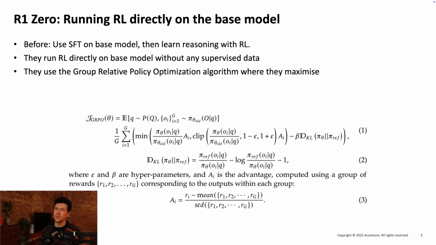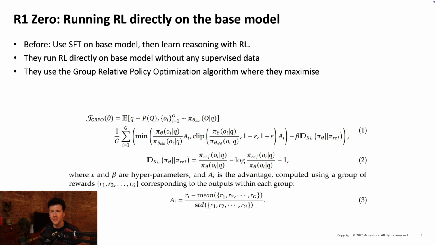So first of all, before explaining how R1 works, let's go through the first step, R1-Zero. The basic idea of R1-Zero is that you let RL run directly on the base model.